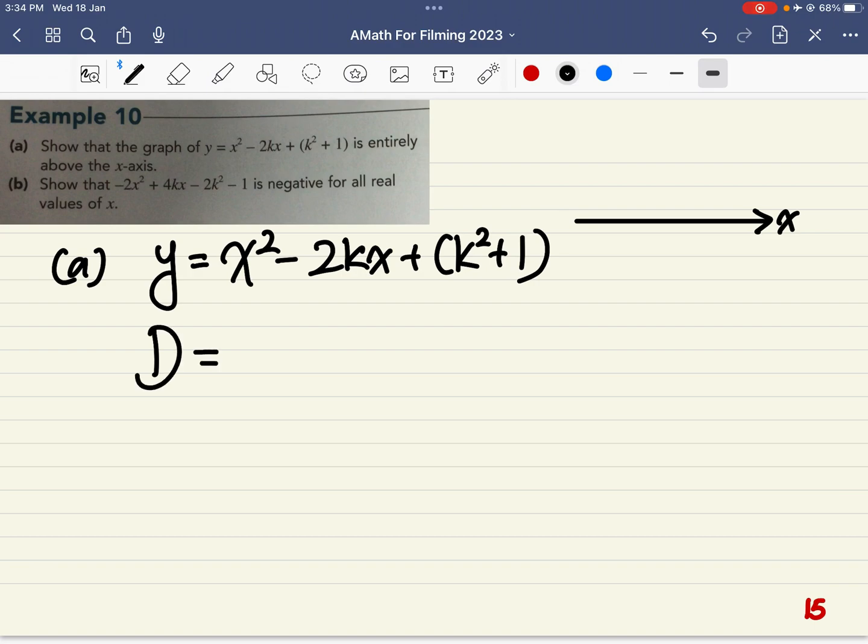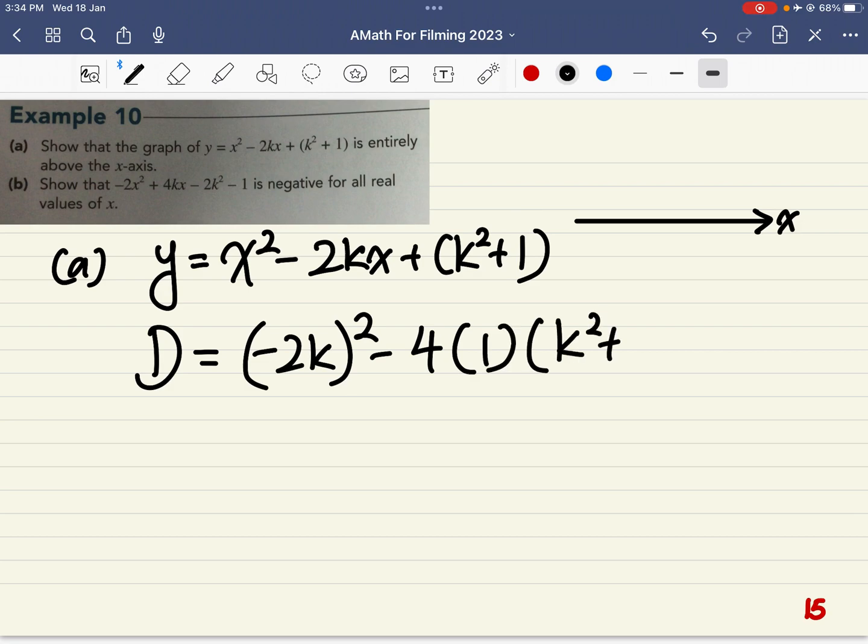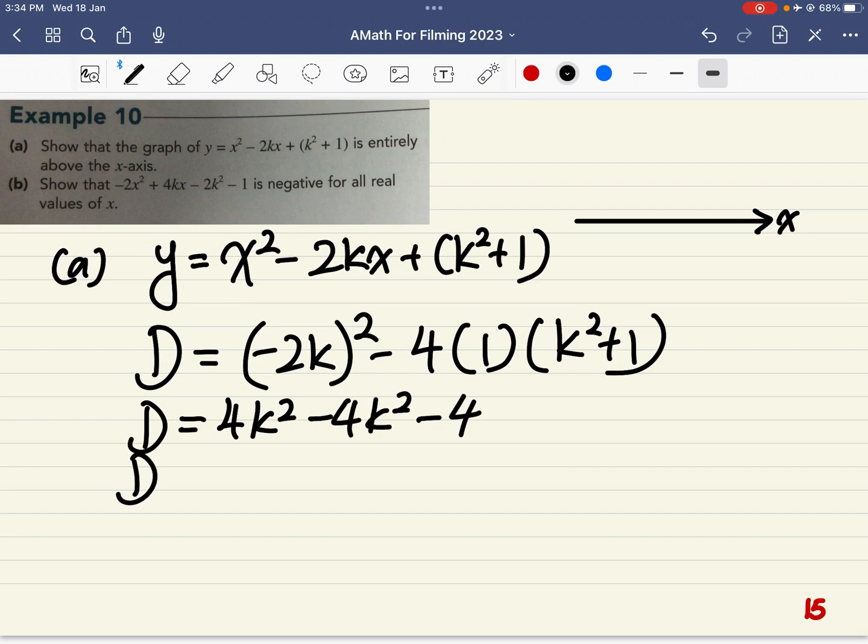So my discriminant D is b squared minus 4ac. Then if I simplify, I find that my discriminant D is 4k squared minus 4k squared minus 4.